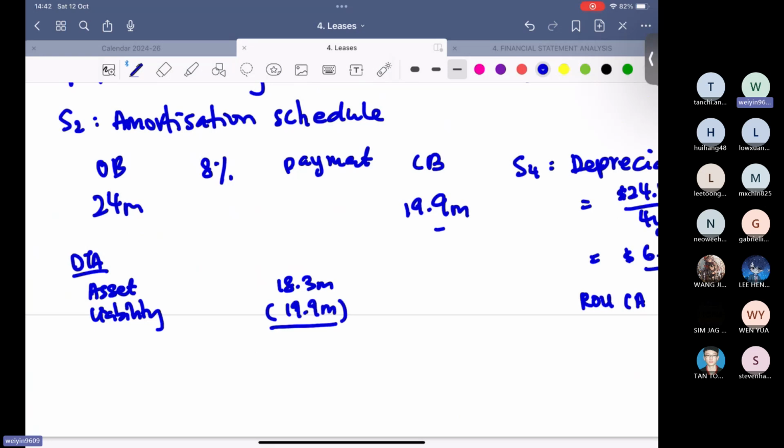So I get the figure, which is 1.6, compared to the tax base, 0. So 1.6 at 20% gives 0.3 million. So DTA.